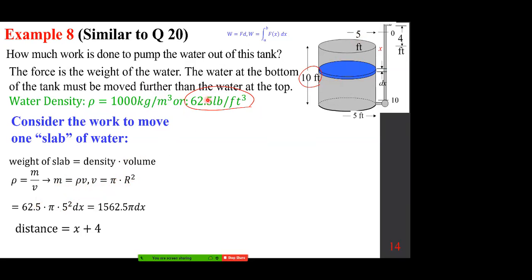We use this one because of the proper units. Now this one is 25 times 62.5 gives you this. We are moving this by how much? By x to bring it up here, and then another 4 feet to take it up there. So by x plus 4. And x plus 4 times that, and we have this increment of the work. In essence, this is dW, everybody.